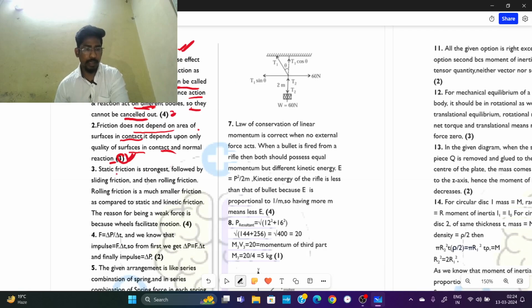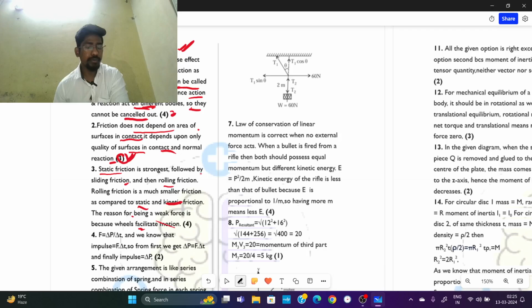As you can see in the explanation, static friction is the strongest out of these three, followed by sliding friction, and then rolling friction. Rolling friction is much smaller as compared to static and kinetic friction. The reason for it being a weak force is that wheels facilitate motion.